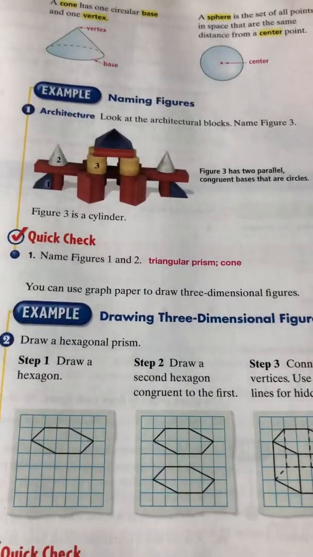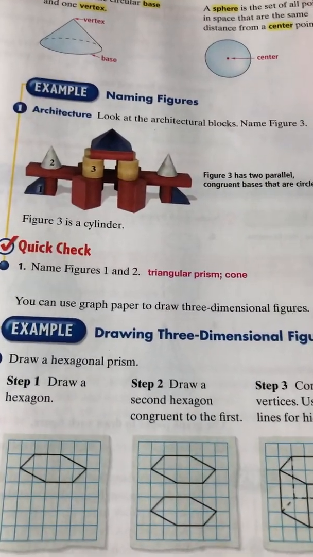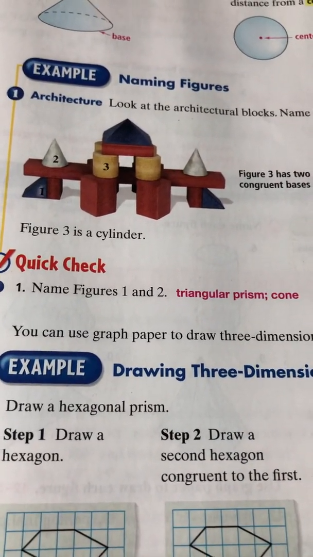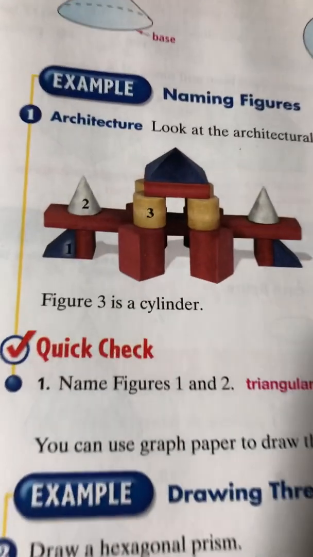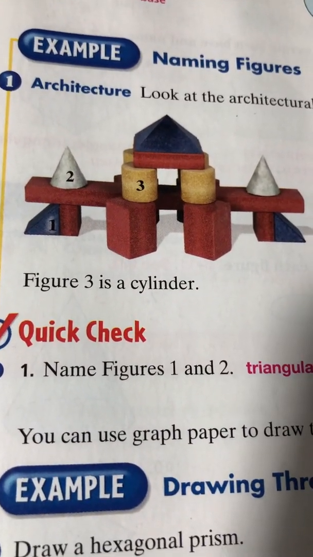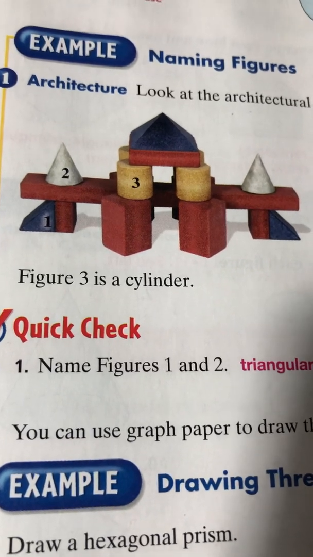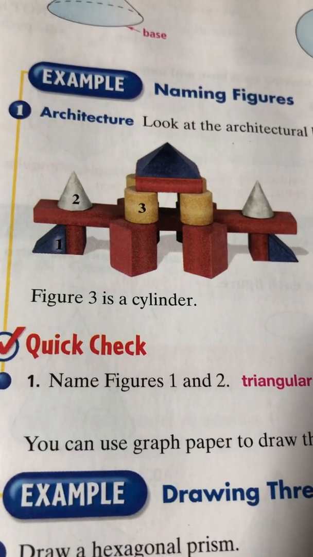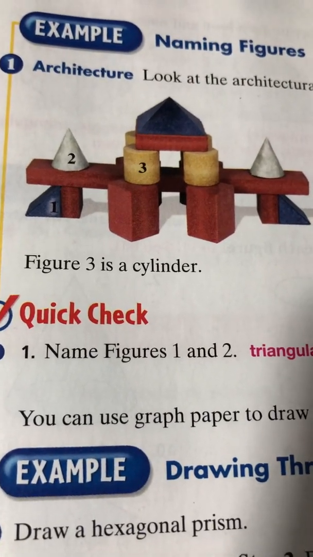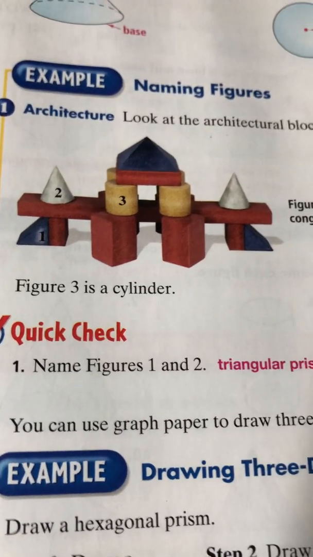All right, so the tasks today are to name figures. As they have here some children's blocks, there's a 1 and a 2 and a 3. The 1 is kind of dark, but they say 3 is a cylinder because it looks like a soup can. That's me saying that. That's not why they say it. 2 is going to be a cone because it has a circular base and it meets up.